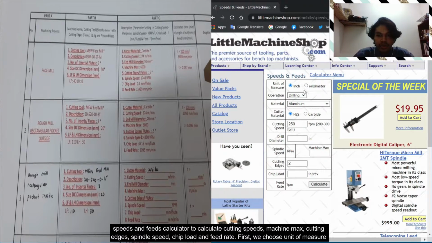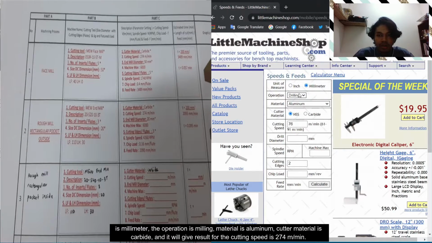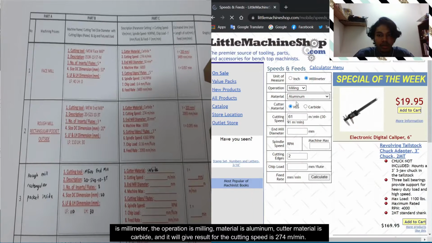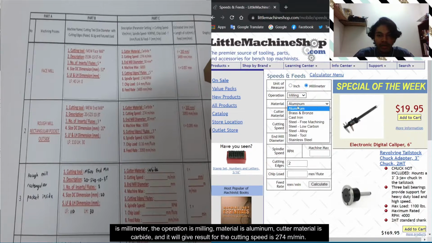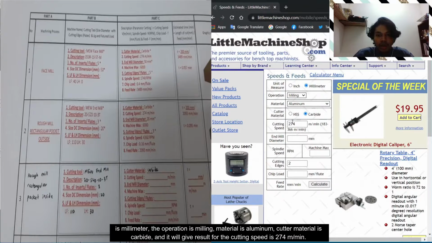First, we choose the unit of measure as millimeter. Then the operation is milling. Then the material is aluminium and the cutter material is carbide, and it will give the result.